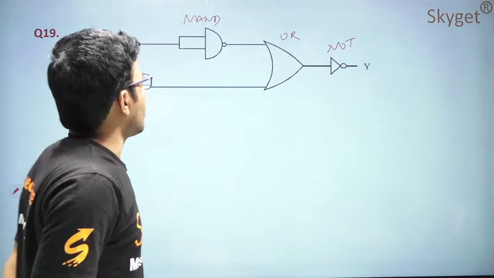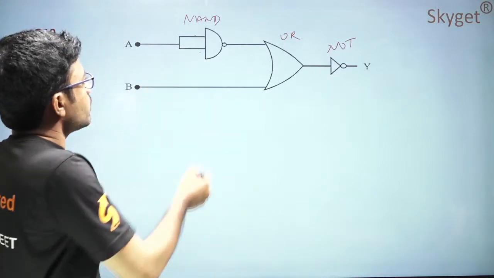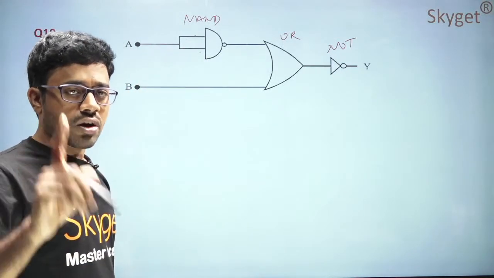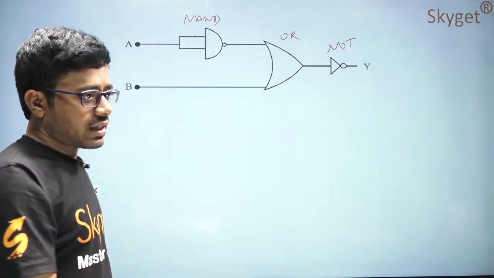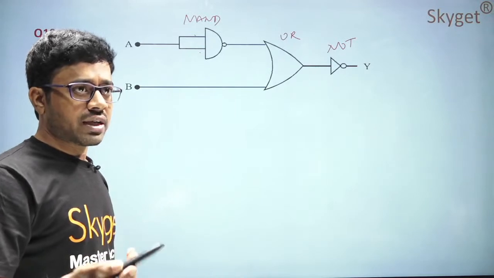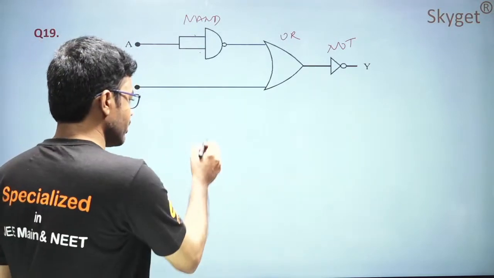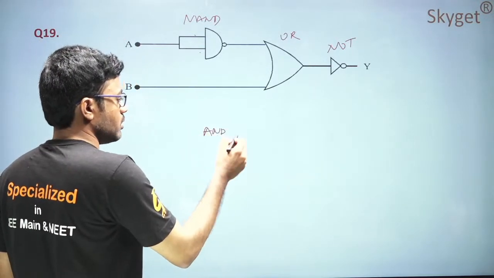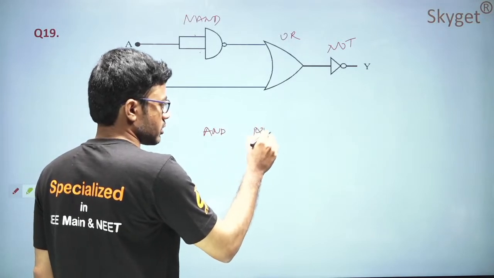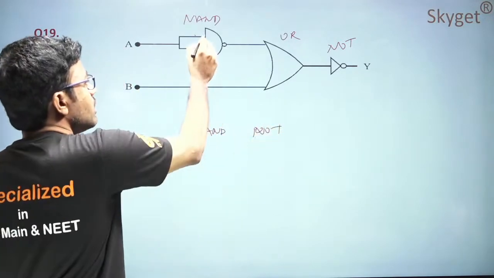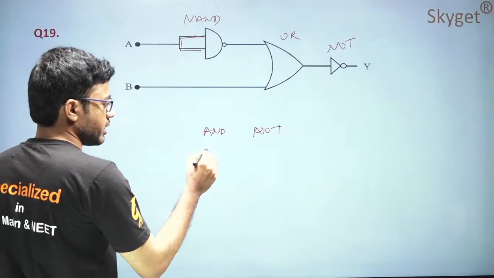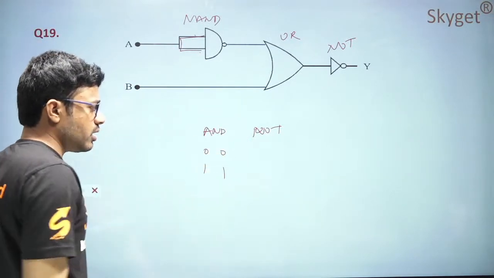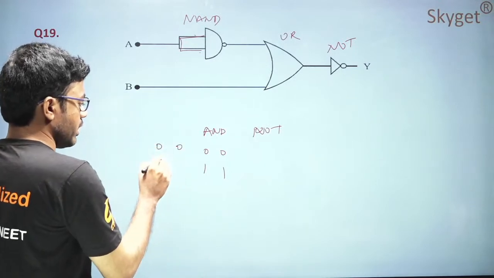In case of NAND, both the inputs are common, so it can be either 0 or 1. NAND means you take AND and then invert it. So these two are the common inputs to this NAND gate, so it has to be 0 0 or else 1 1.